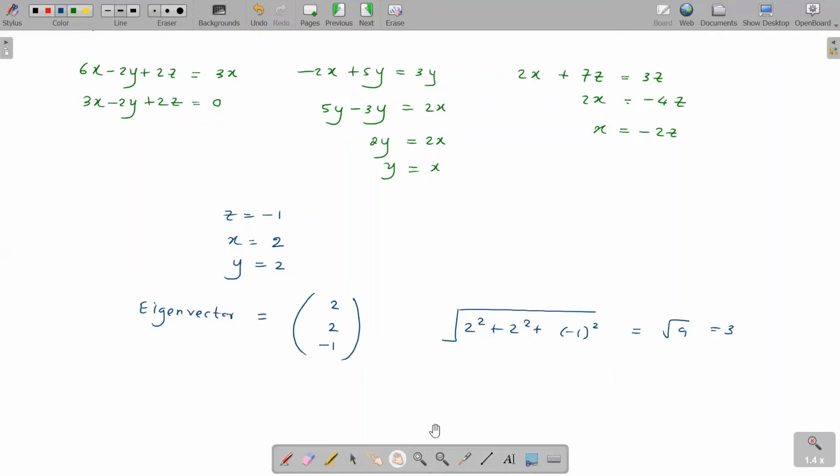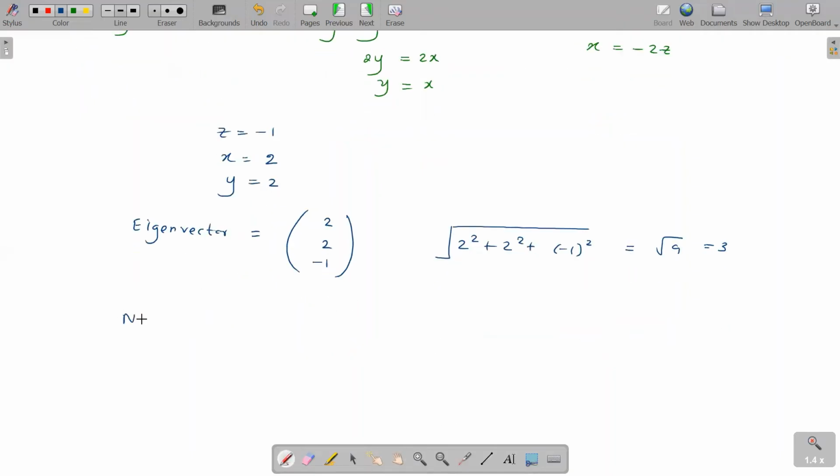Are you with me? Then the normalized eigenvector is 2 over 3, 2 over 3, minus 1 over 3. Is this clear?